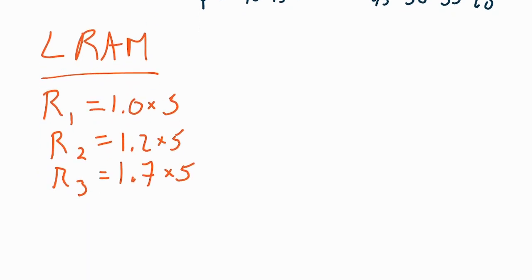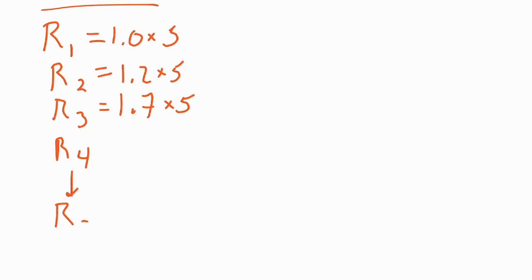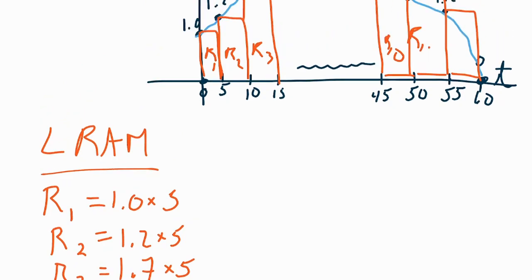Now, there's all the other regions in between here. Region 4, all the way to, what's my third to last region? It should be region 9, right? Because now I have region 10. That's this guy right here. Region 10, region 11, and region 12.